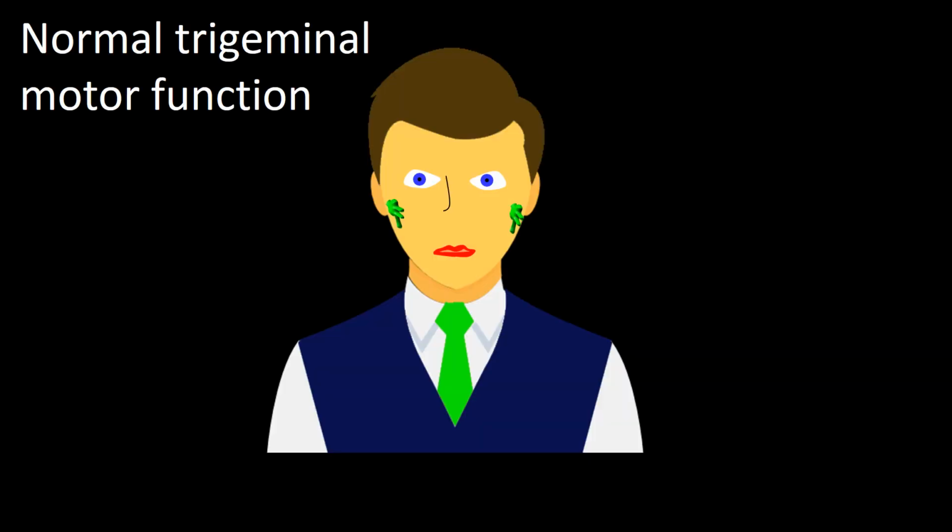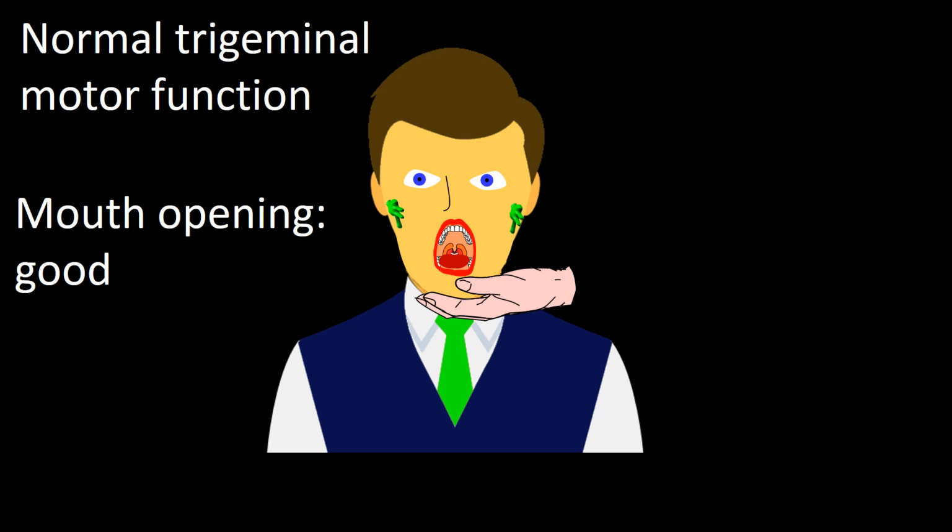Power is tested by putting your hand below the jaw and asking the patient to open his mouth as such. In case of normal motor function, mouth opening power is good, and there will be no jaw deviation.